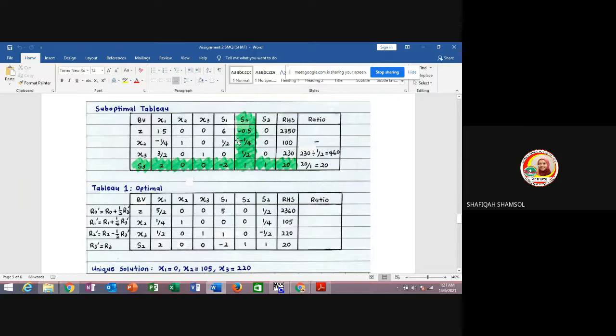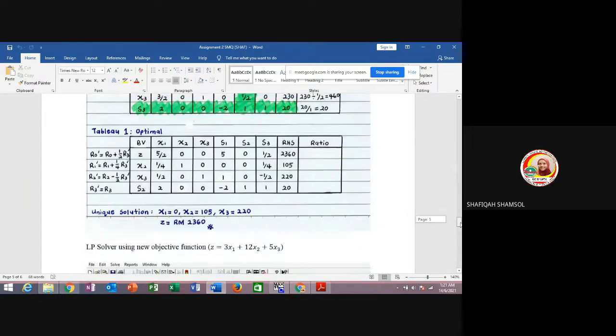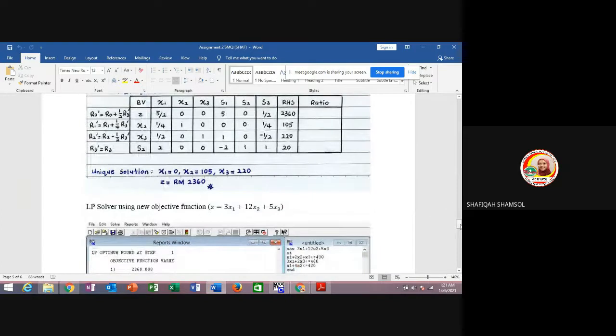After that we must use the ERO to find the new optimal solution. This is the new optimal solution that we get. X1 equals 0, X2 equals 105, X3 we get 220, S2 we get 20.